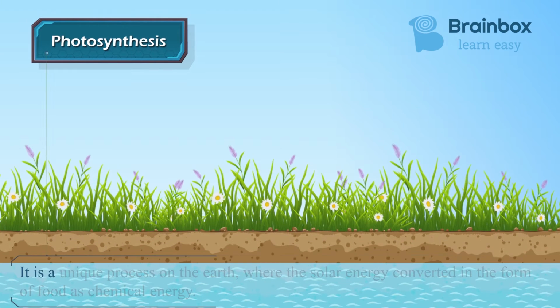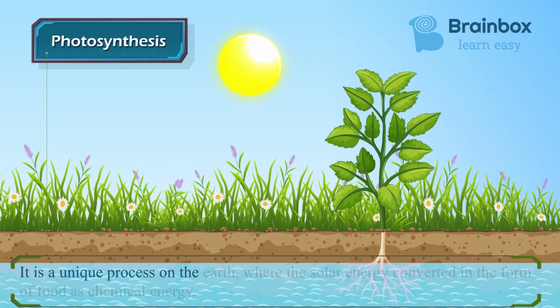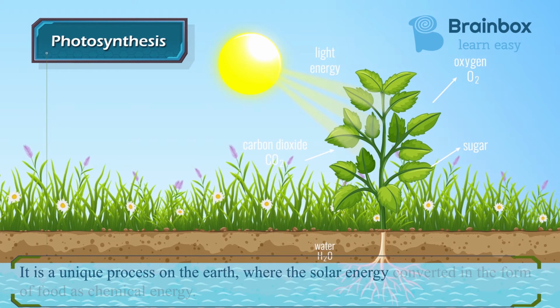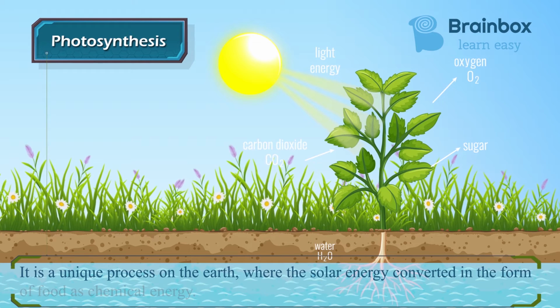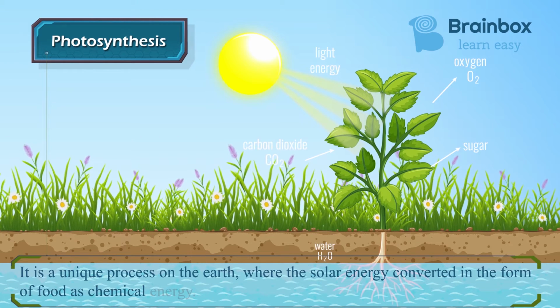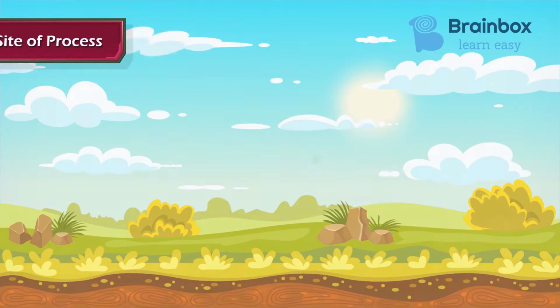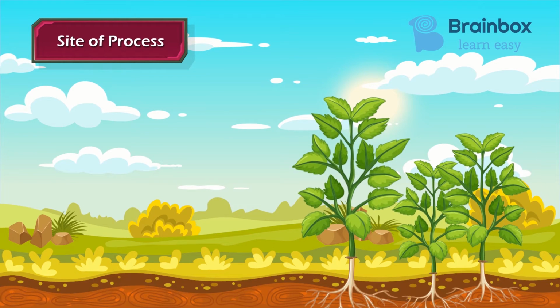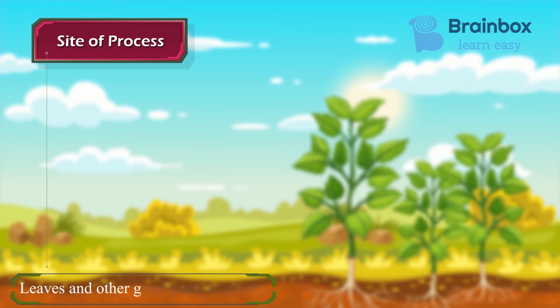Photosynthesis is a unique process on the earth where solar energy is converted into food, as chemical energy. So where is the site of this process? The site of photosynthesis is the leaves and green parts of the plant.